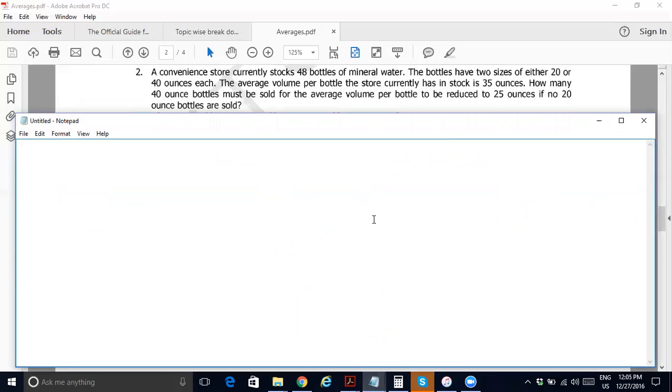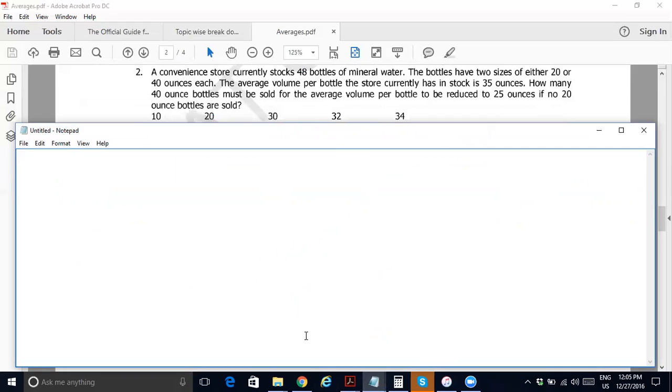Now, how will you do question number 2? A convenience store currently stocks 48 bottles. The bottles have two sizes of either 20 or 40 ounces.